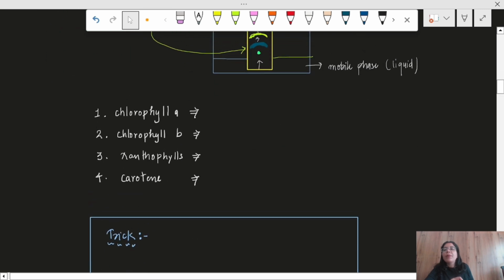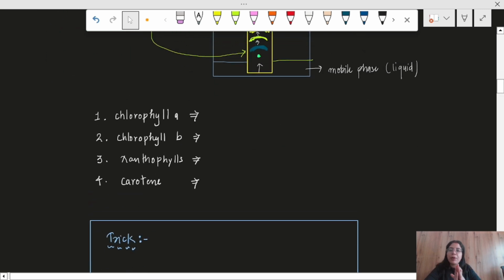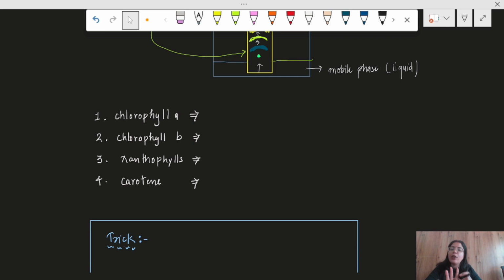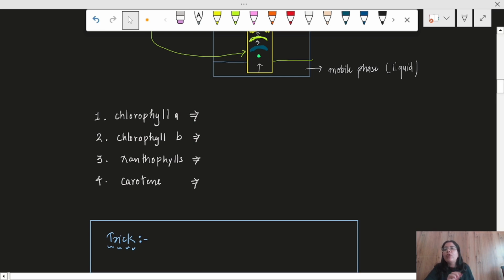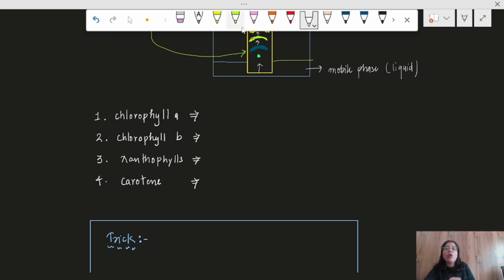So in total, how many pigments did we find with the help of this paper chromatography? We obtained 4 different types of pigment: chlorophyll A, chlorophyll B, xanthophylls, and carotene. Now you have to be very careful. You have to remember the color of each pigment in this band. Chlorophyll A was appearing bright blue green in the chromatogram, right?